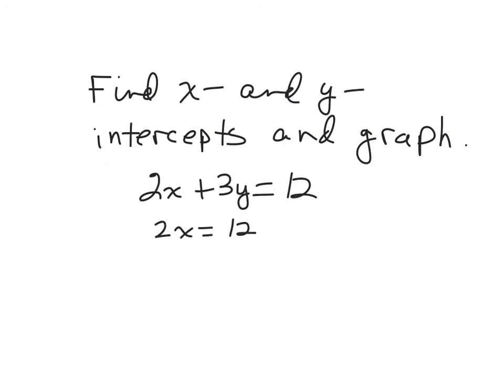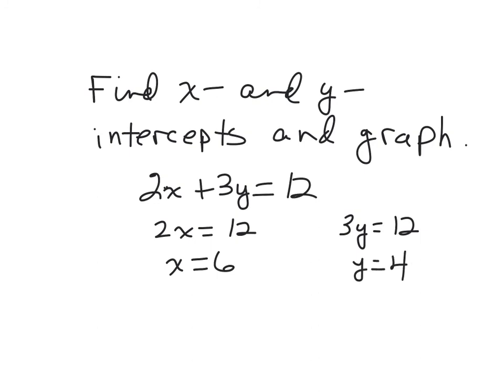Dividing both sides by 2 gives the x-intercept as 6, and they are correct. And if you put 0 in for x, we'll cover up the x, and we'll have 3y equal to 12. And dividing by 3 will give me y equal to 4.